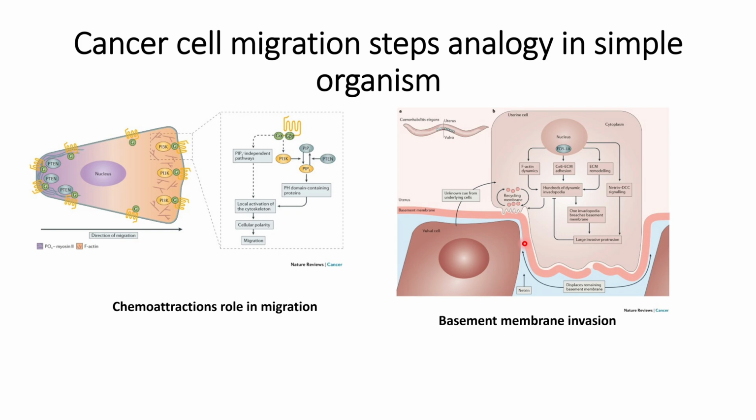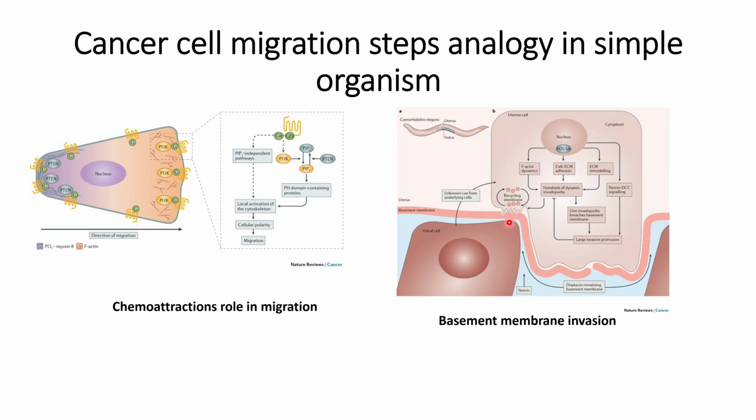Blood vessels are also surrounded by a basement membrane, so the cells also need to cross the basement membrane near the blood vessels, and this step is the intravasation step, which is very critical for cell migration. This has also been observed in simple organisms, where the uterine cells interact with the vulval cells by invading the basement membrane.